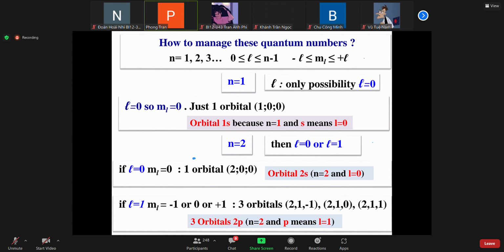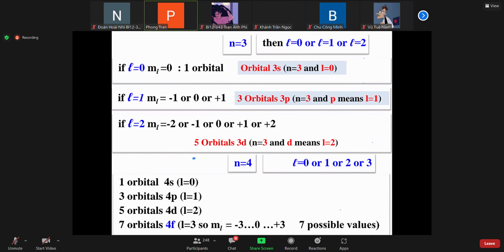The same thing for L equal to 1, you have ML minus 1, 0, and 1, so you have 3 orbitals with the sets of quantum numbers 2, 1, minus 1; 2, 1, 0; 2, 1, 1. So these are orbitals 2p, because you have n equal to 2 and p because L equals 1. So that's the way you manage the 3 quantum numbers to describe the orbital.